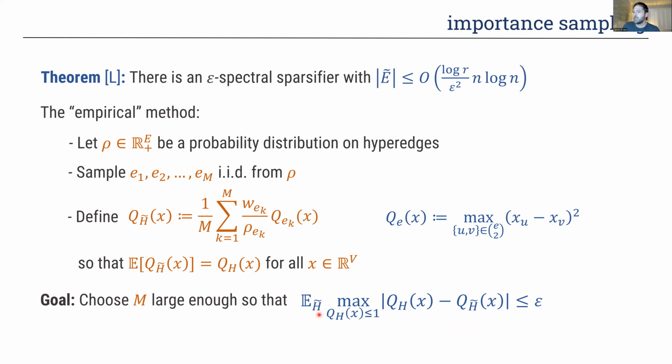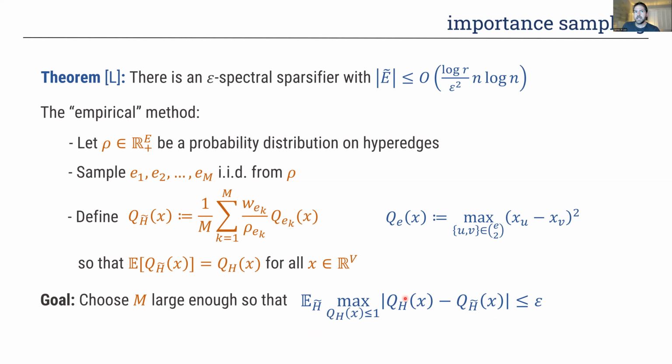Okay, so first of all, if you ignore the expectation here and just consider this maximum, if this maximum is bounded by epsilon for every x where the H energy of x is at most 1, then it's not hard to see that this implies that H tilde is an epsilon spectral sparsifier of H. And so if we can prove that the expected value of this quantity is at most epsilon, then in particular, there must exist a choice of H tilde that satisfies this bound. So this is our goal.